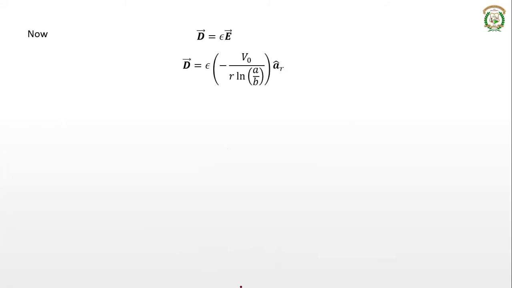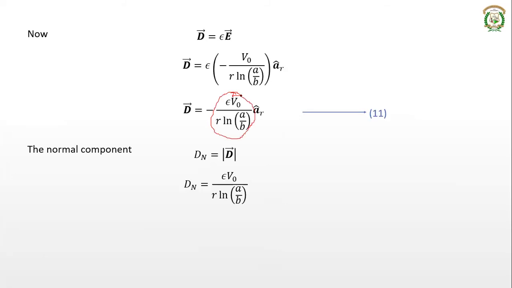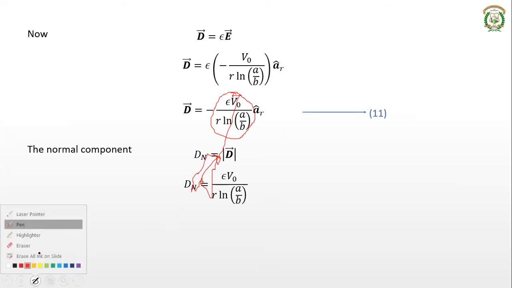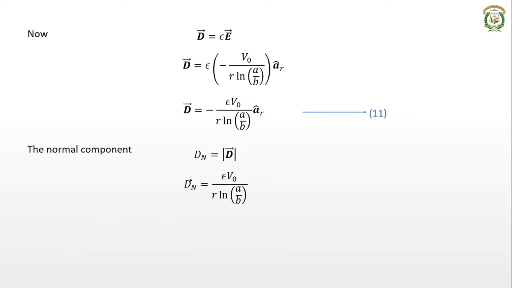Then you take the normal component of this. The normal component is nothing but the magnitude, that is epsilon V naught divided by R ln A by B.